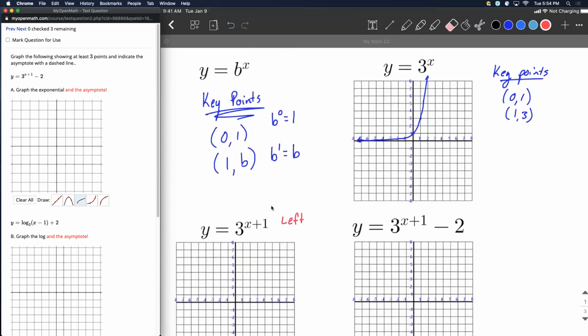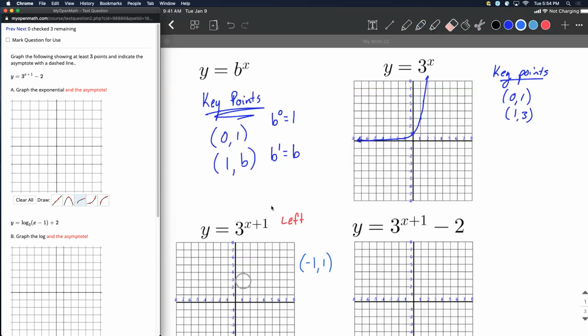So what happens is we pick up those key points and they're going to move to the left 1 as well. So we had a key point at 0, 1. When we pick it up and move it to the left 1, it's going to be at negative 1, 1. So I'll list these out as we go. Negative 1, 1. And then our other key point was at 1, 3.